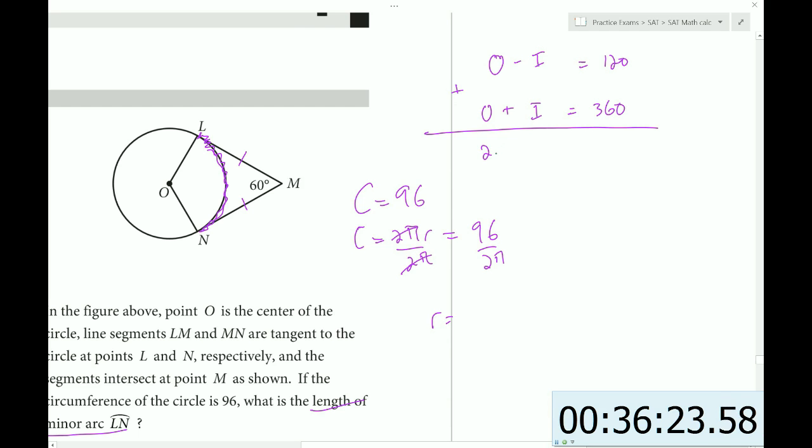So let's say we add these numbers. We get 2O, the i's cancel, and we get 480. So that means that O would have to be 240. And if we plug in, let's say here, 240 plus inner has to equal 360. So if we subtract, we get that the inner would have to be 120.